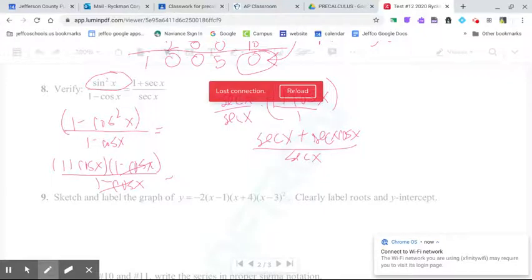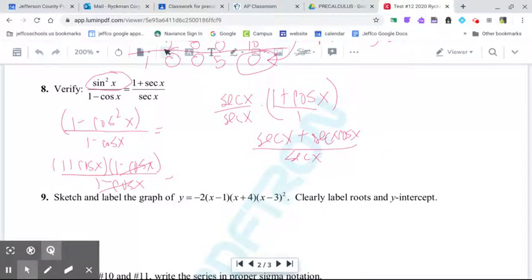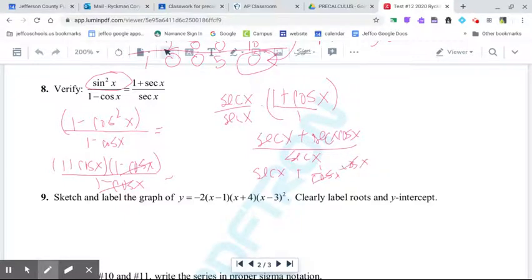Sorry, my internet keeps dropping. All right, so when I multiply top and bottom by secant, the top is fine, it's secant, and then secant is 1 over cosine. So the cosines divide away, and I get secant plus 1 over secant, which is what I was aiming for. Okay.